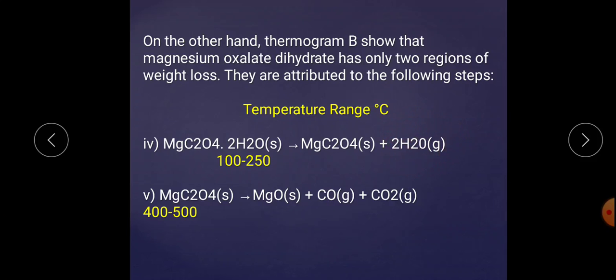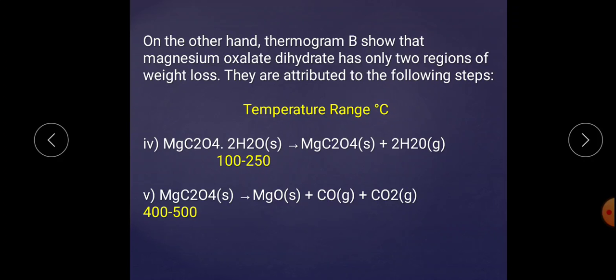It is because when heating continues, this anhydrous magnesium oxalate gets converted into magnesium oxide with a loss of carbon monoxide and carbon dioxide. So the first weight loss is a loss of H2O, and the second weight loss is because of the loss of carbon monoxide as well as carbon dioxide, 1 mole each.